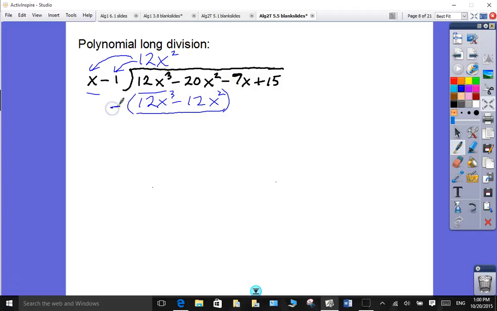Now when I subtract, I'm subtracting a polynomial with more than one term, so I've got to be careful about the signs. It's by far what we make the most mistakes on when we do this. Starting with the negative 20x squared minus negative 12x squared, negative 20 minus negative 12, what is it?